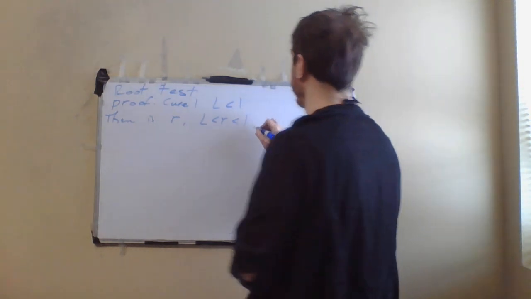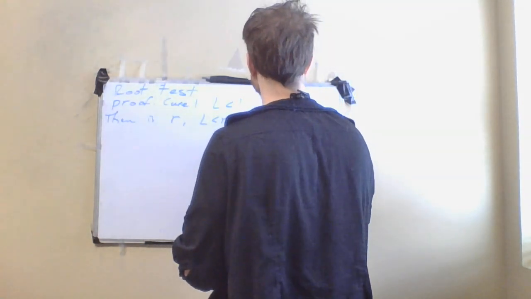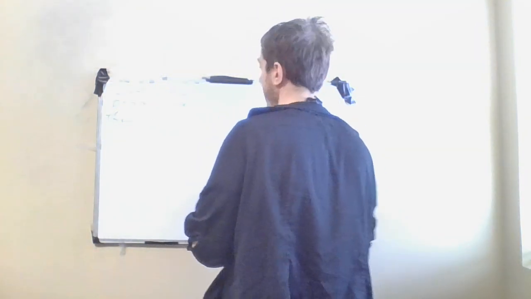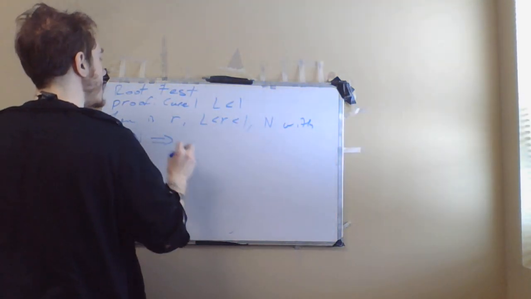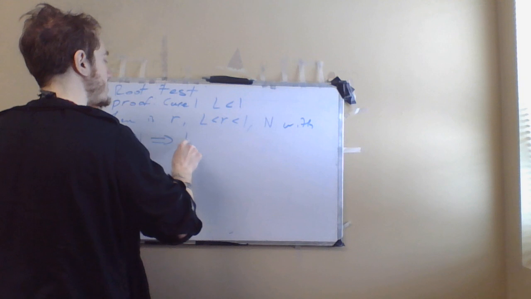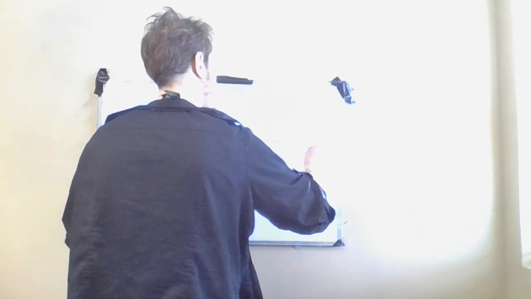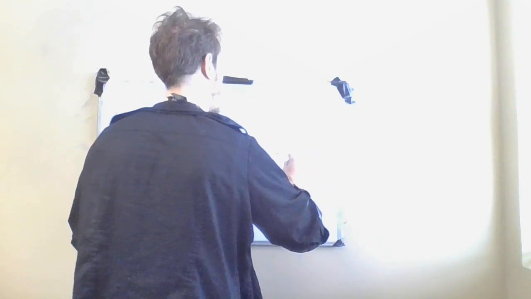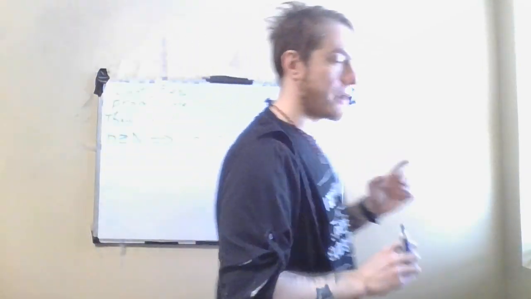And just like before, there is a capital N such that little n bigger than or equal to capital N implies that the absolute value of a sub n to the 1 over n is less than R. Again, pick epsilon to be equal to R minus L and apply the definition of the limit.